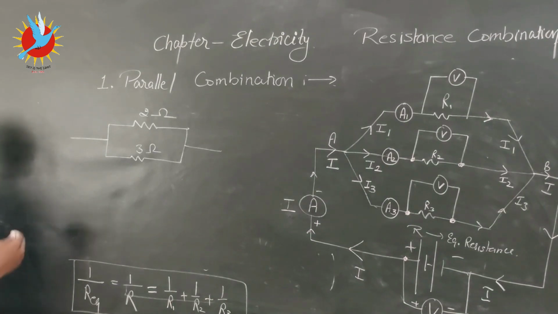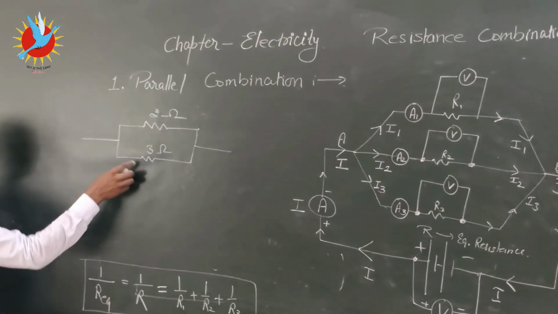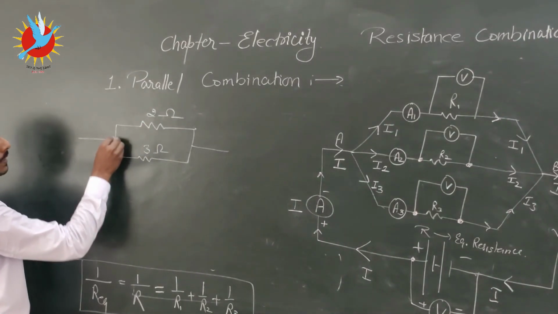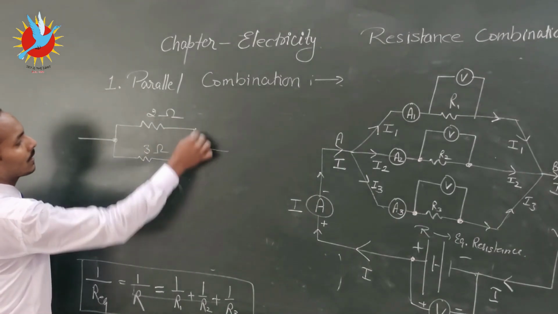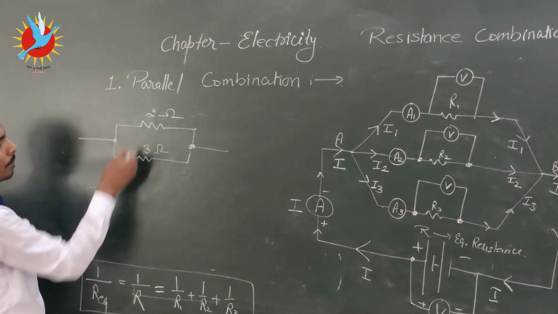The question is to calculate the total resistance in this circuit. Because all the ends are connected between the 2 points, this is a parallel combination.